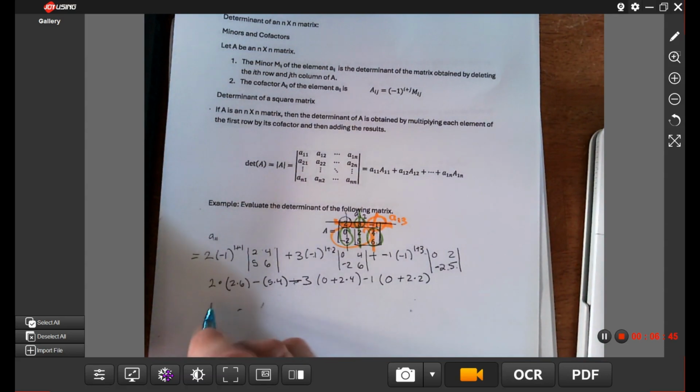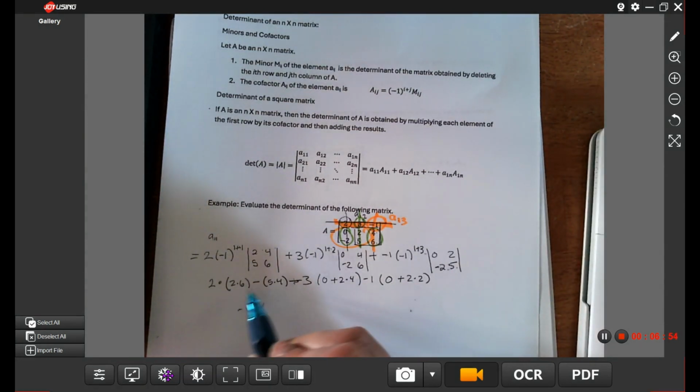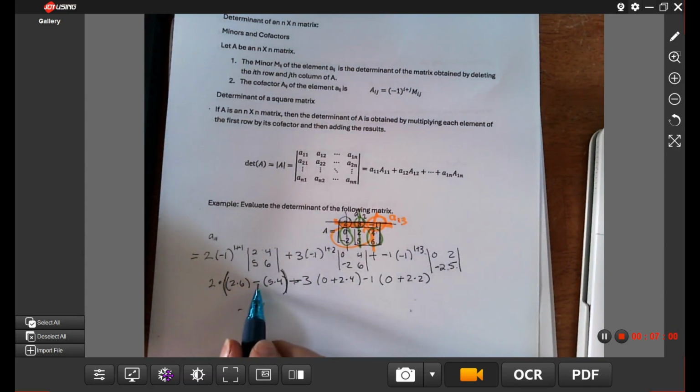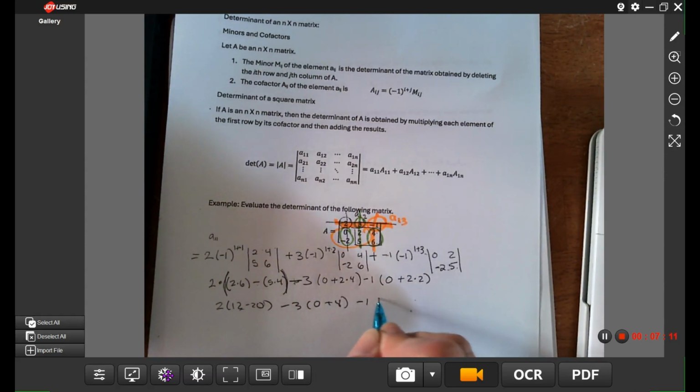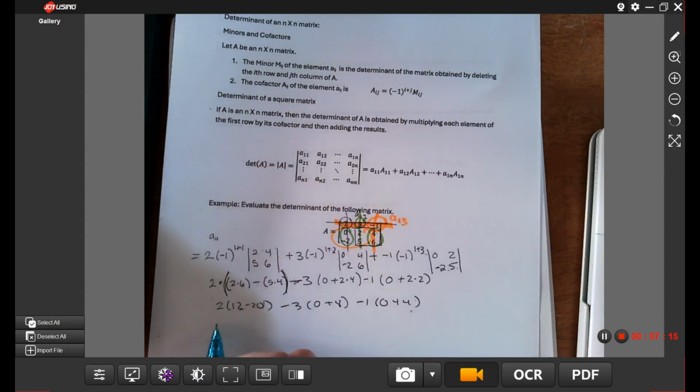So now I just have to simplify this. I misplaced my parentheses here because that should have been all one thing. The 2 is multiplied by that entire determinant. So this is 2 times 12 minus 20, minus 3 times 0 plus 8, minus 1 times 0 plus 4.